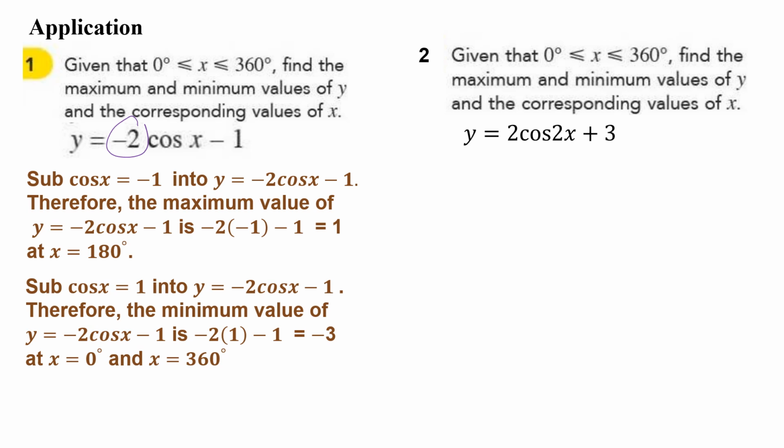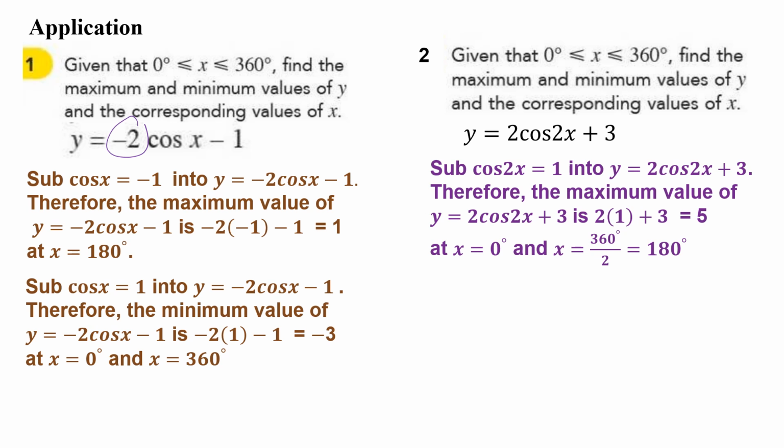Okay, so I've given you another example. What happens if you're given 2 cos 2x, instead of cos x, it's cos 2x, and then plus 3? So in this case here, we're going to substitute our cos 2x to be 1 for the maximum value.